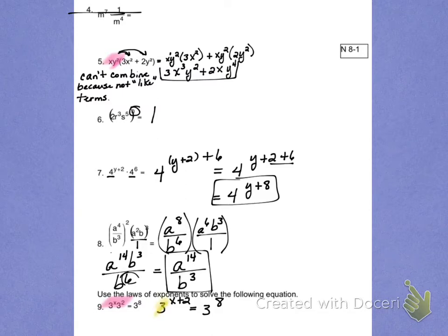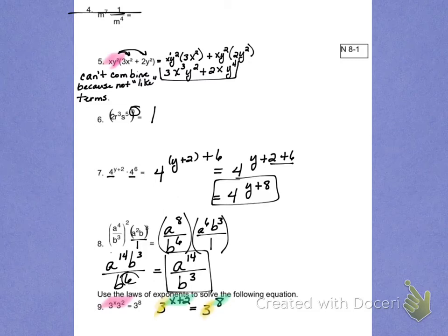If we have the same bases, and there's an equal sign in between them, then the exponents must be equal to each other. So if the bases match, you can set the exponents equal, since we have this equal sign in between.